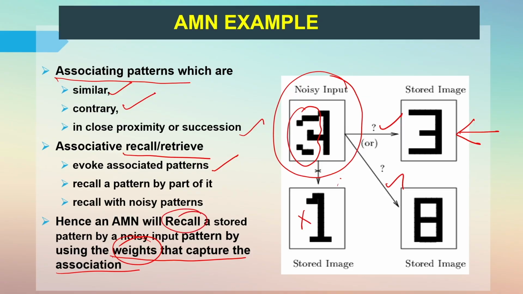Whenever you discuss AMN, it recalls what it has stored. The stored patterns will get recalled either by means of a noisy pattern or a good pattern, but whatever it is, the weights associated with it play a key role while recollecting the pattern. So this is the particular example of AMN.